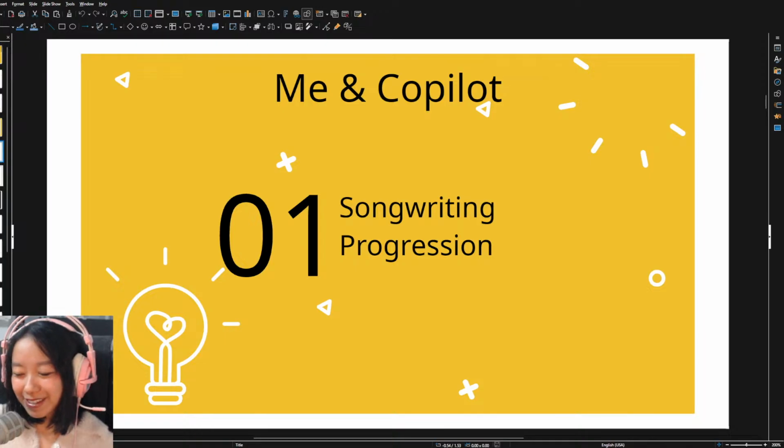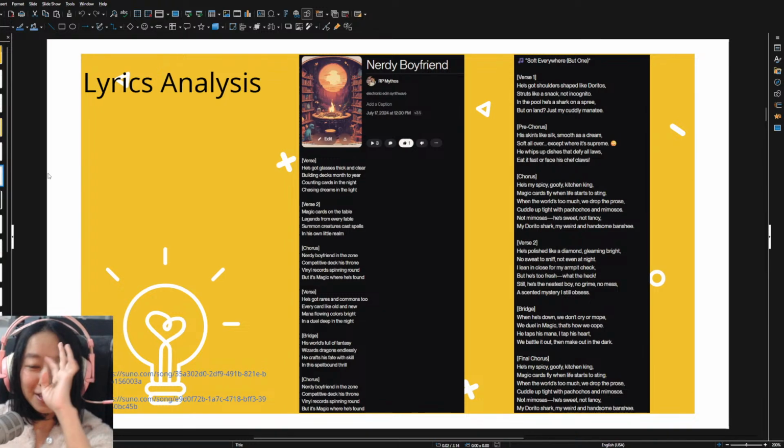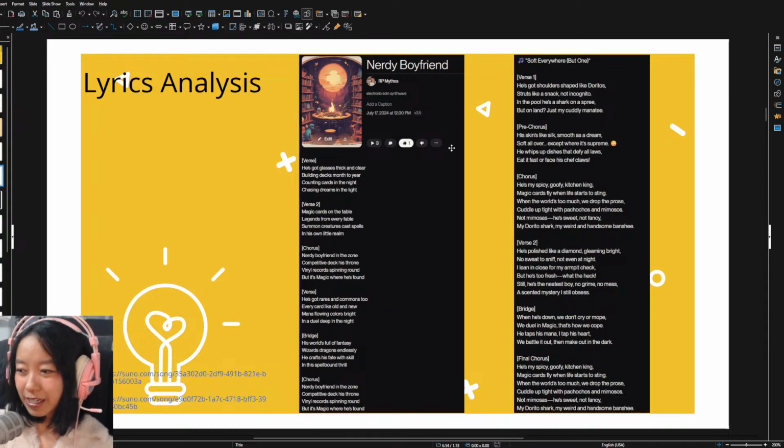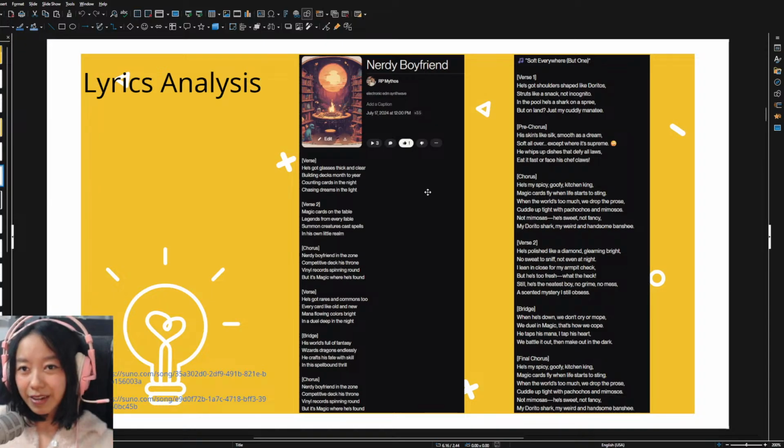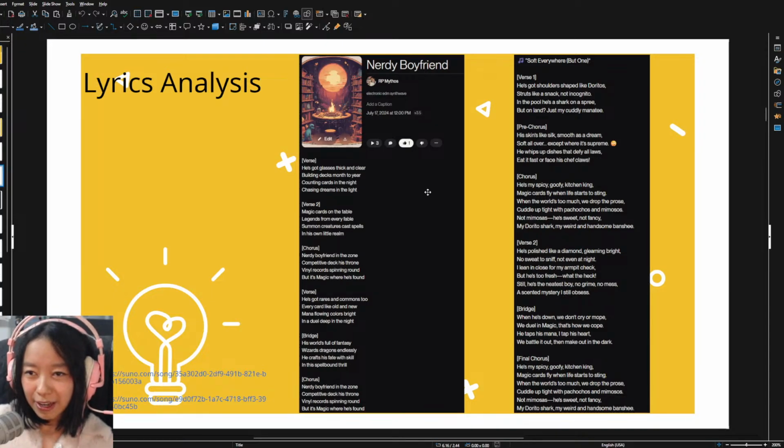At that time, everyone was screaming about AI slop. For example, the one that I made is called Nerdy Boyfriend, and I made both of them with different procedures. The first one was just an easy one. I asked an AI to make the lyrics for my Nerdy Boyfriend related to Magic: The Gathering.